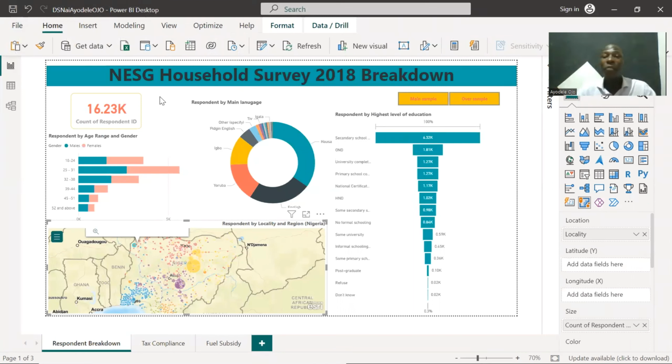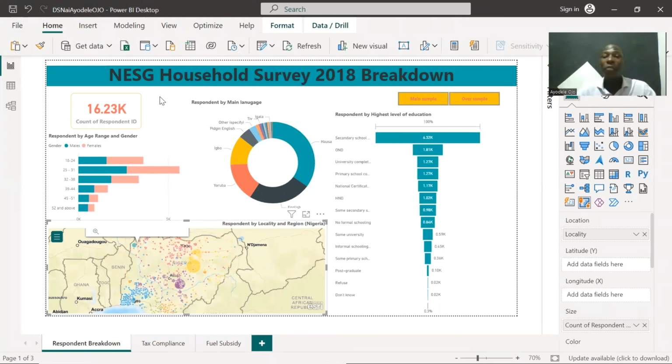That means, how are the different respondents distributed across Nigeria? Because this is dealing with individuals from different households. And then I read the report they gave on this data, and it was evenly distributed.